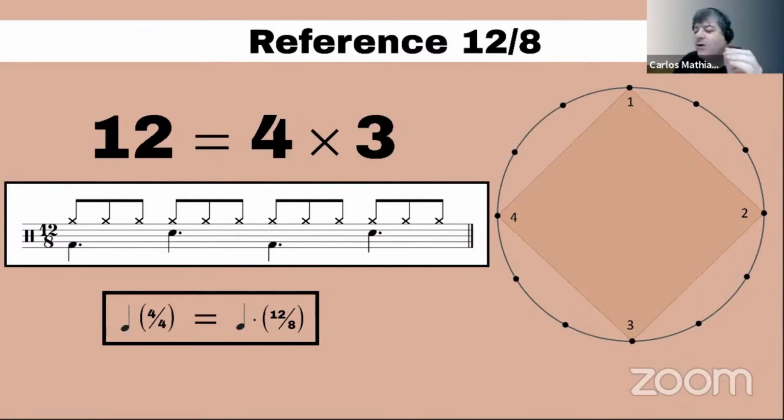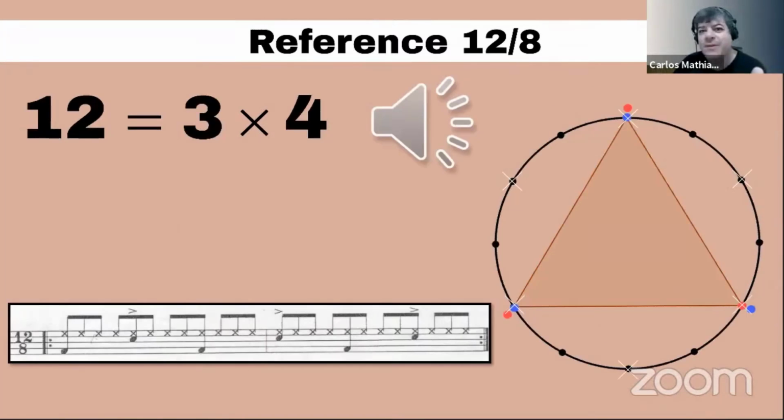What I'm asking you to do now, to join me, is instead of thinking about 12 as 4 times 3, I invite you to think with me of 12 as 3 times 4. I mean, instead of taking 4 groups of 3 eighth notes, I'll take 3 groups of 4 eighth notes. So take a look down here.